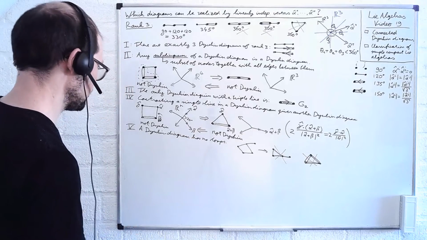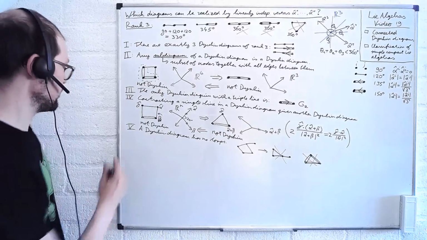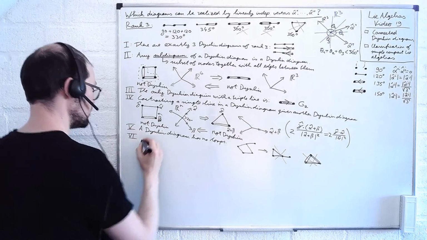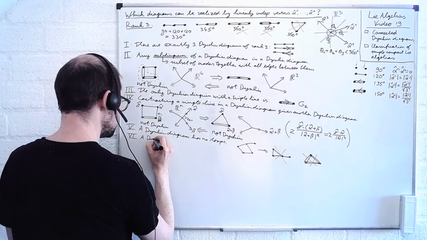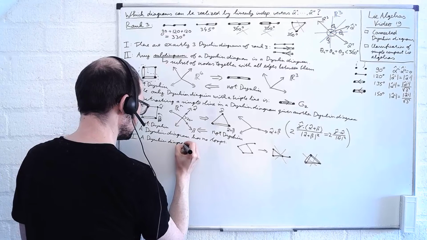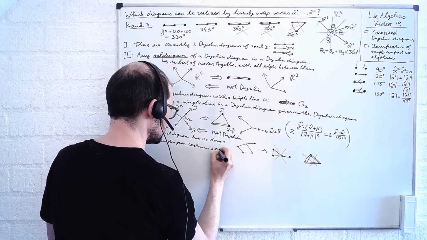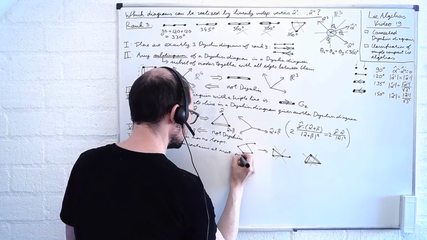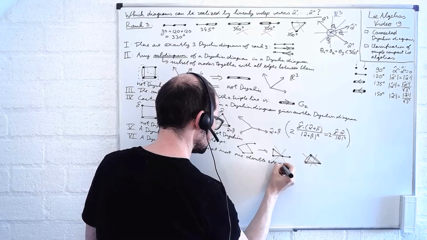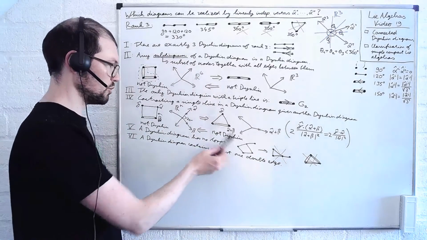So then the next observation one can make is that a Dynkin diagram contains at most one double edge. And here the reasoning is the same as before.